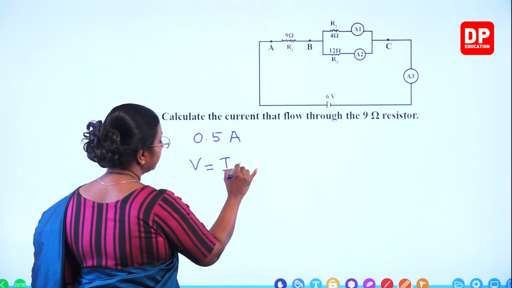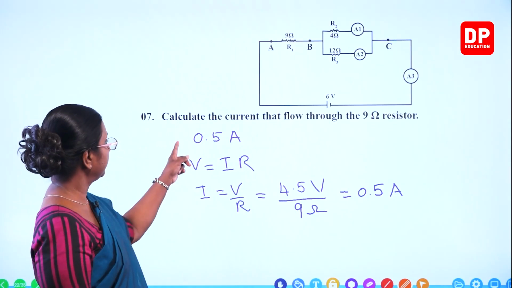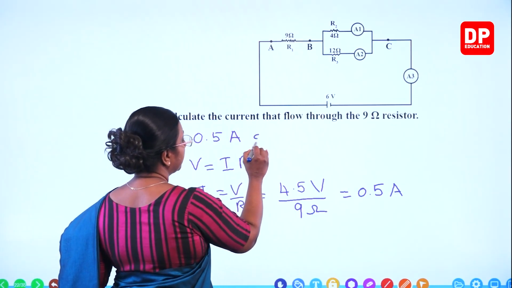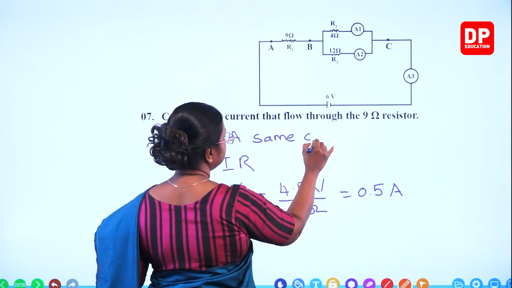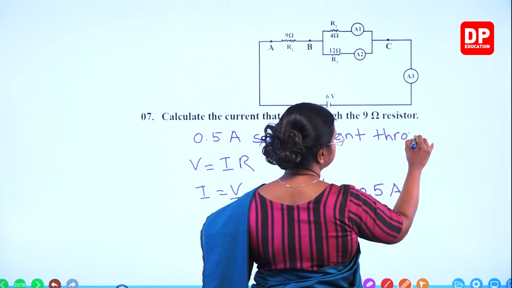V equals IR, so I is equal to V over R. Potential difference across that is 4.5 volts divided by 9 ohms, 0.5 amperes. The same thing. So we already have the same current through the circuit.